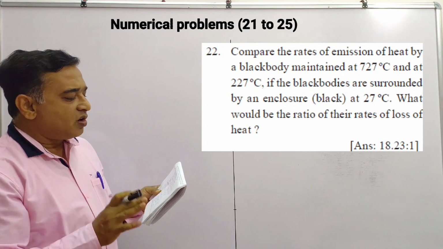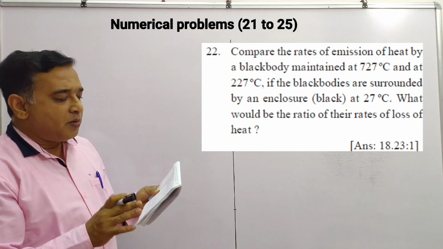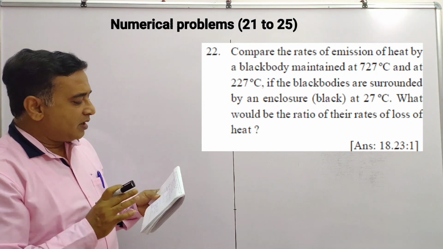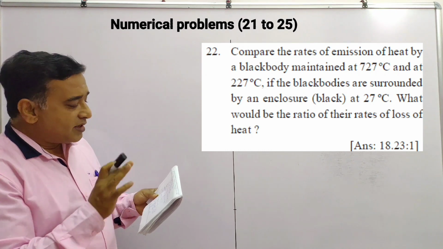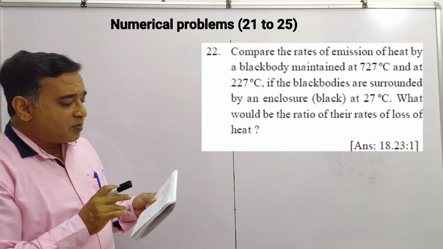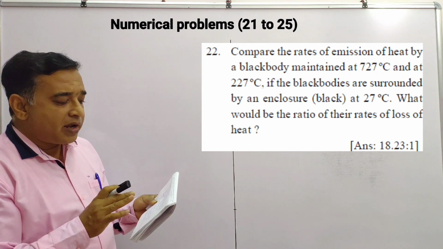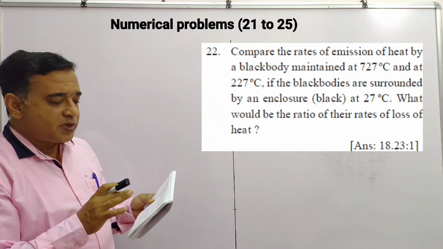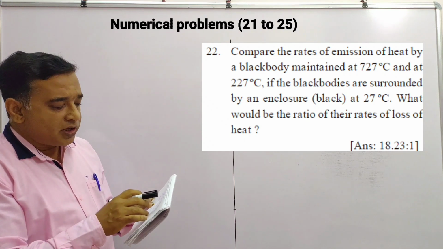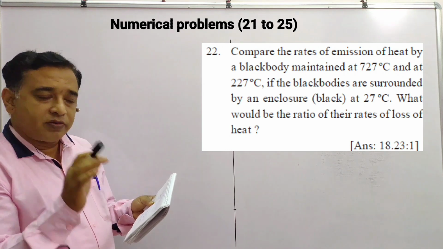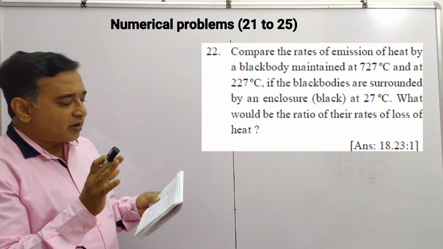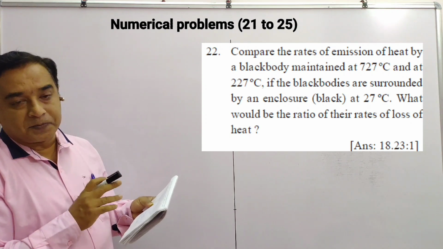Compare the rate of emission of heat by a black body maintained at 727 degrees Celsius and at 227 degrees Celsius, if the black bodies are surrounded by an enclosure at 27 degrees Celsius. What would be the ratio of their rates of loss of heat?